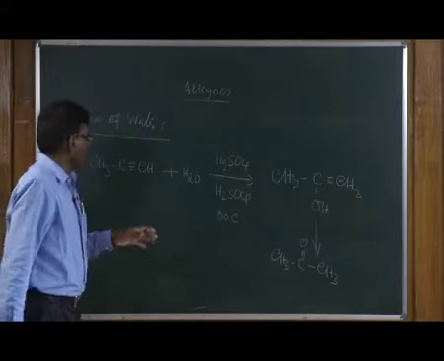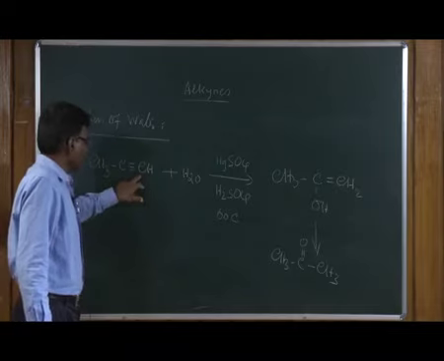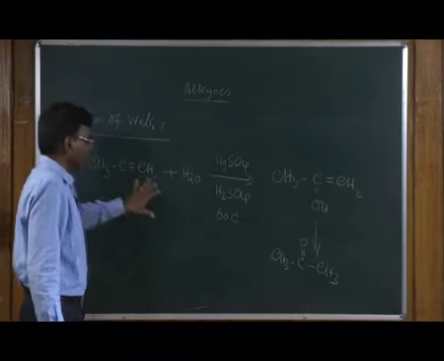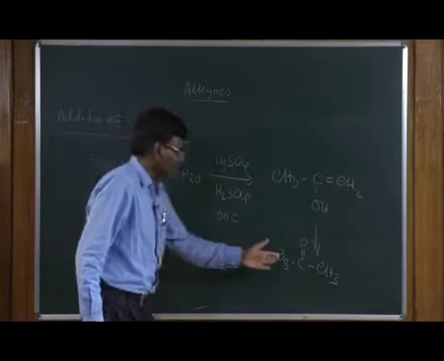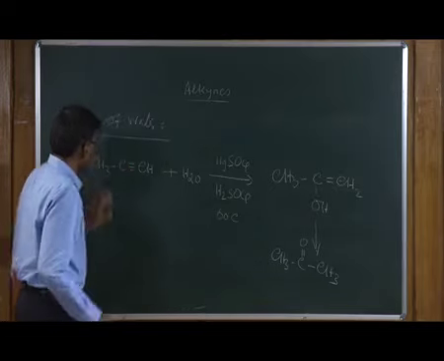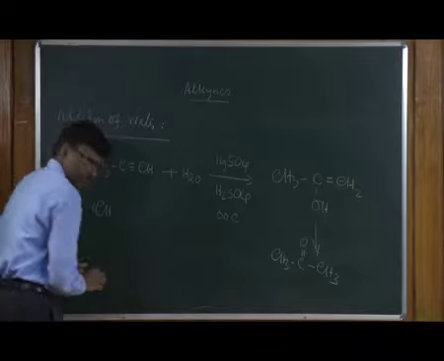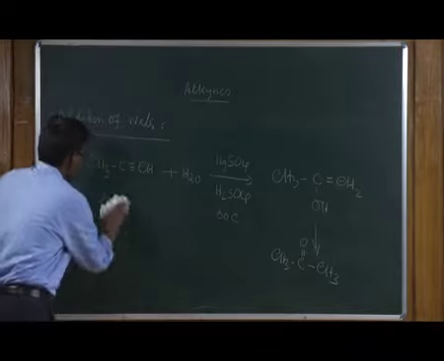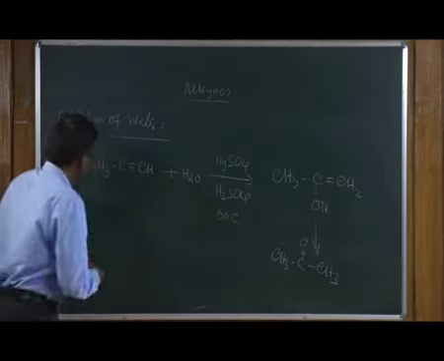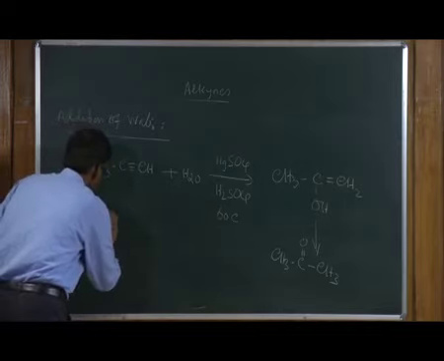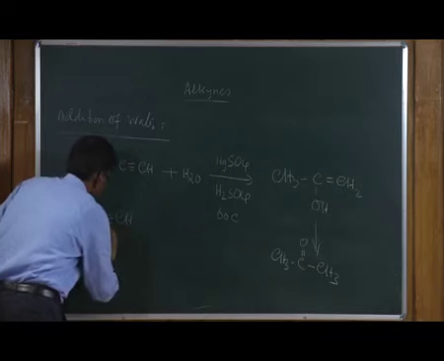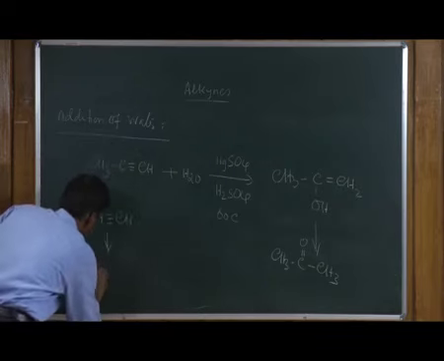So, it depends upon the alkyne. If it is a terminal alkyne, in this case it can be converted into acetone. Suppose you take ethyne, if you do hydration, you will get acetaldehyde.